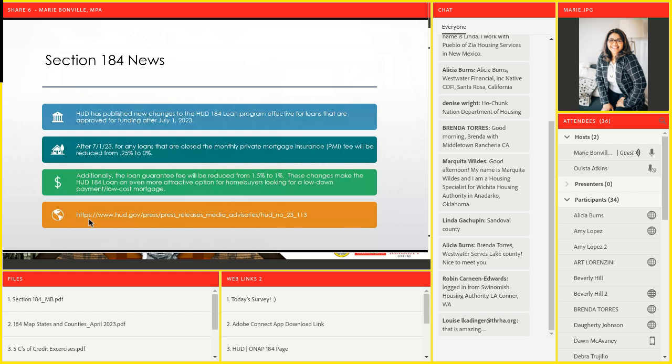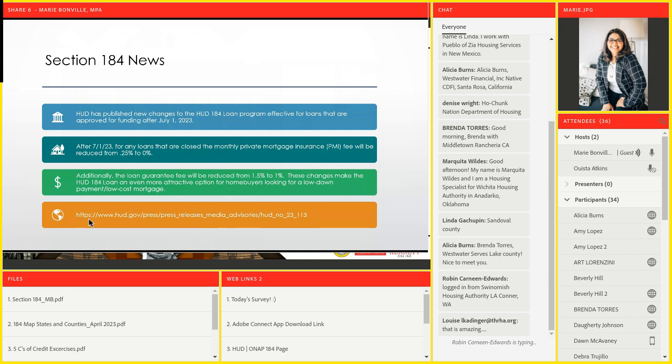Just this July, starting July 1st, and I think the news came out last week or the week before, essentially the private mortgage insurance, we'll get into it if you're not familiar with how this loan works. There is a private monthly insurance that typically the borrower pays.